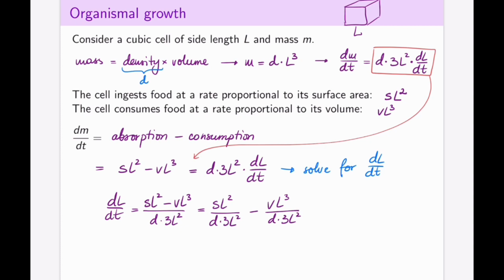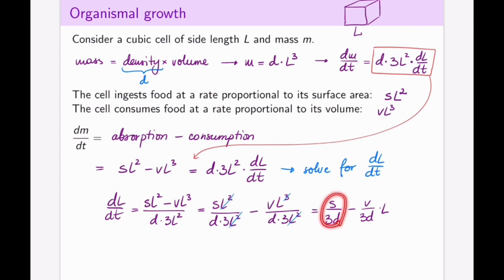And now I can notice that I can actually simplify things quite a bit, right? For example, the L squares here will cancel out, a number of L's will cancel out here. So what I have altogether in a simplified version is S divided by 3D, minus V divided by 3D times L, right? So all of the L's got canceled here, but I still have one L remaining here.